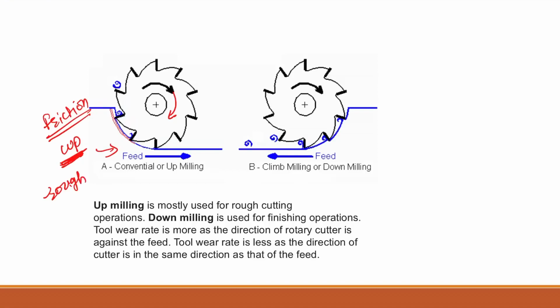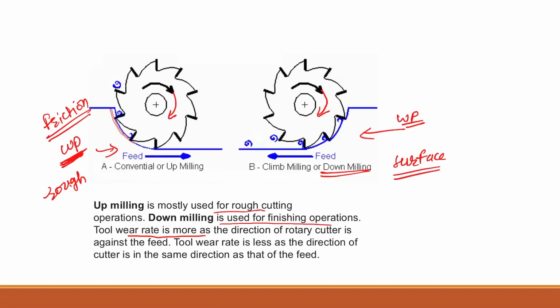But in down milling, as the cutting tool direction is the same as that of the workpiece direction, the surface finish we get is good as compared to up milling. So up milling is mostly used for rough cutting operations, down milling is used for finishing operations.